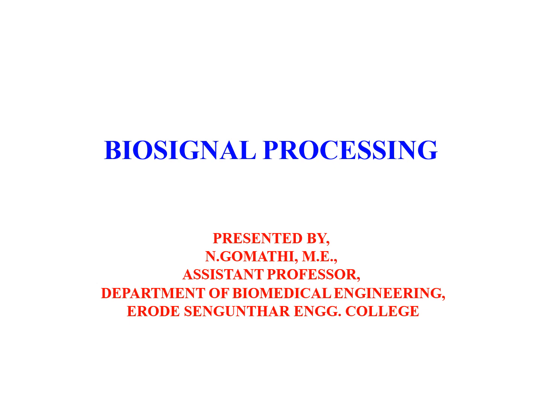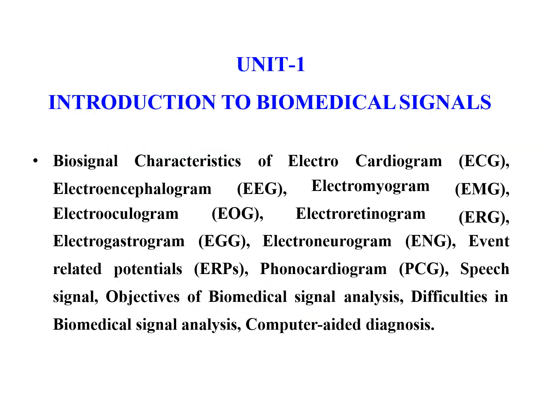Now we are discussing the subject named biosignal processing. First, you need one title: Introduction to Biomedical Signals. First, the portion of the syllabus of biosignal processing. Unit 1, Introduction to Biomedical Signals.